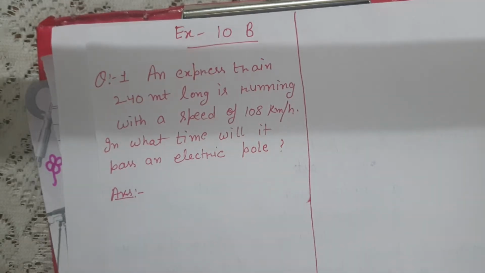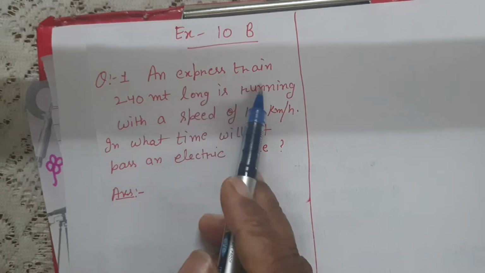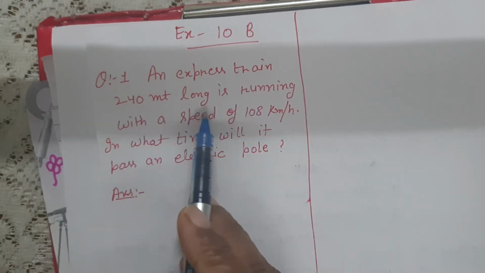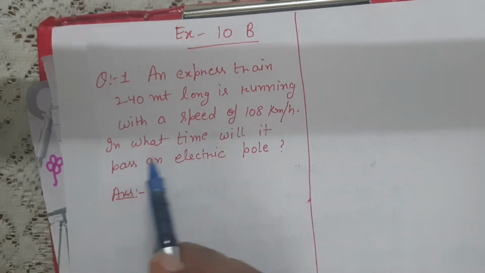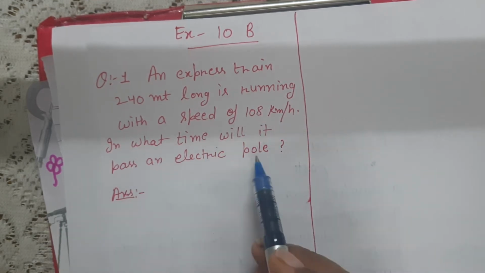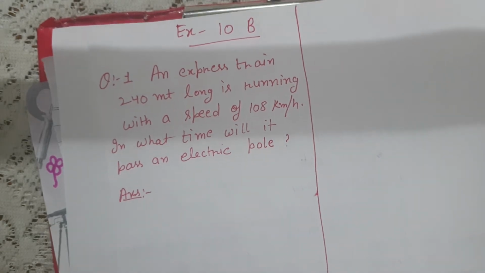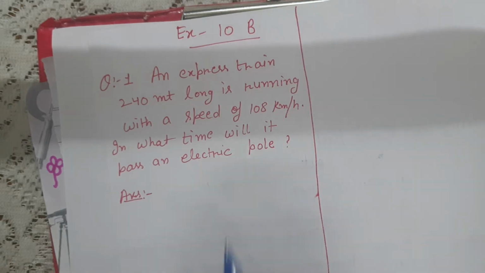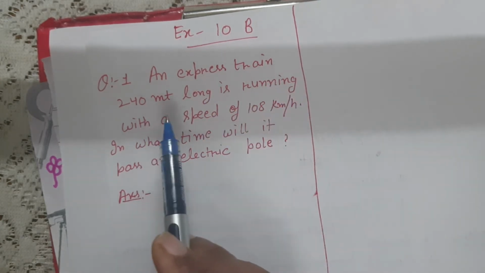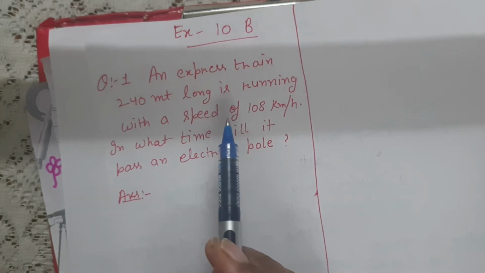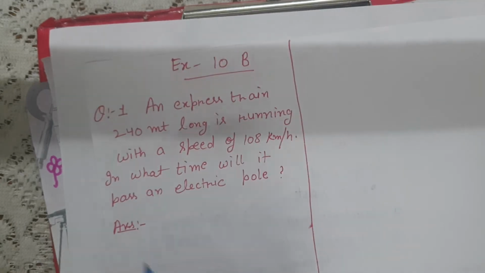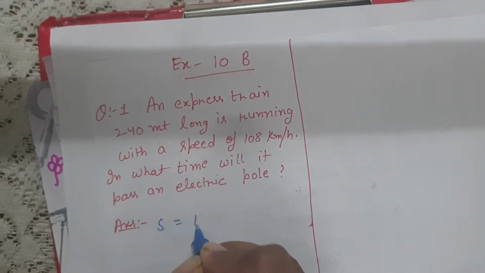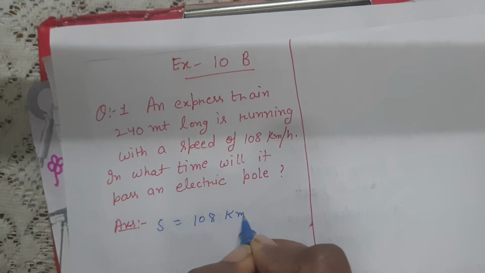Question number 1: an express train 240 meter long is running with the speed of 108 km per hour. In what time will it pass an electric pole? So in this question we have to find the time. The speed is 108 km per hour.